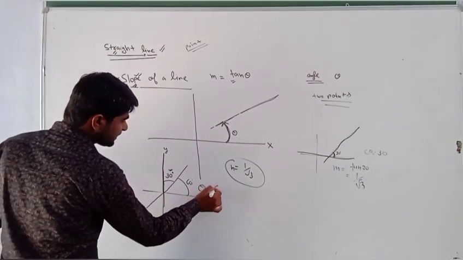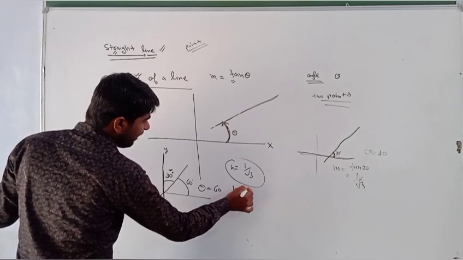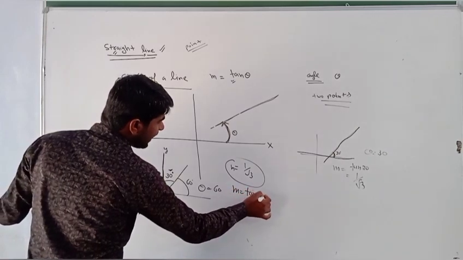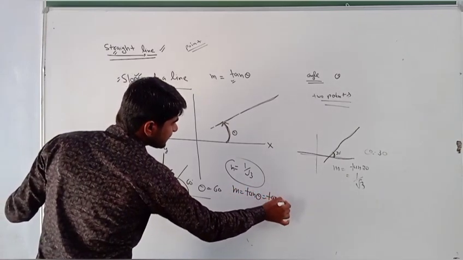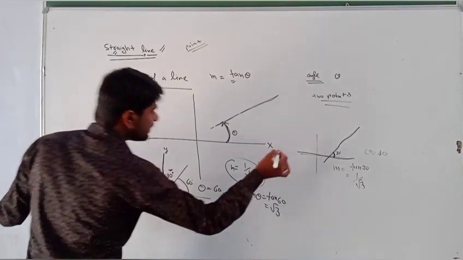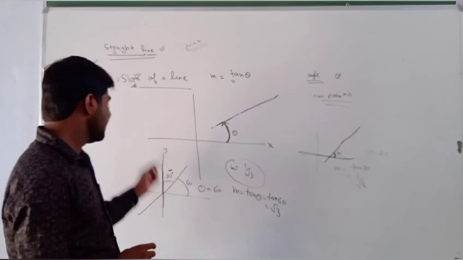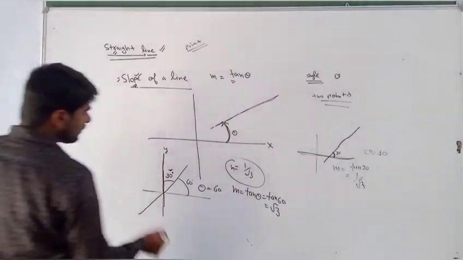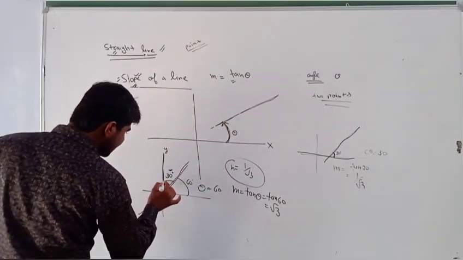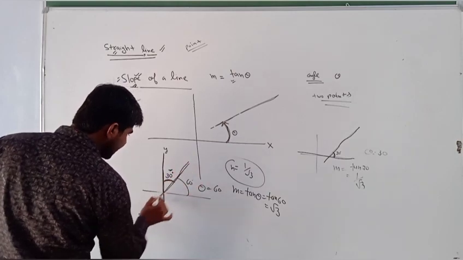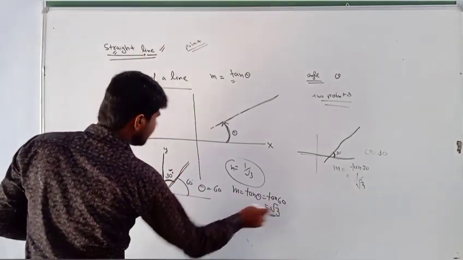So theta will be 60 degree and slope m will be tan theta equals tan 60 equals root 3. So we can say that the slope of the line making a 30-degree angle with the y-axis will be root 3.